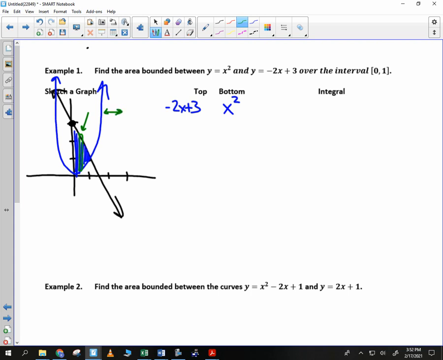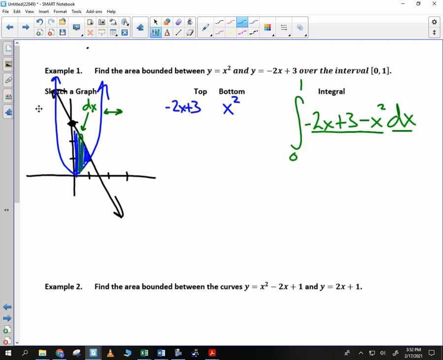So it has width going sideways, so we call it dx. We'll get more into that later. So top, bottom. We take the top function, negative 2x plus 3, and subtract the bottom function, x squared, dx. This is my height, this is my width, and we integrate 0 to 1. And now we just determine that.